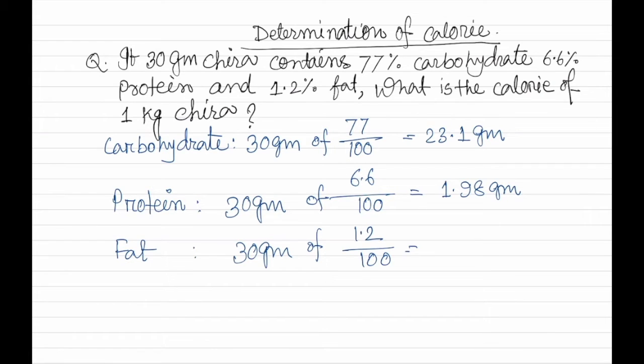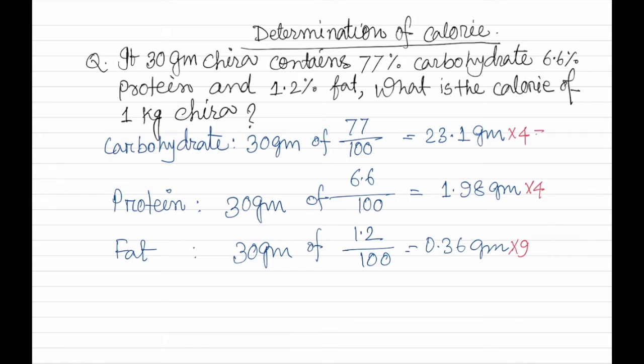Now I am trying to find out how much calorie is contained in carbohydrate food, in protein food, and in fatty food. First of all, per gram carbohydrate contains 4 calorie, per gram protein contains 4 calorie, per gram fat contains 9 calorie.